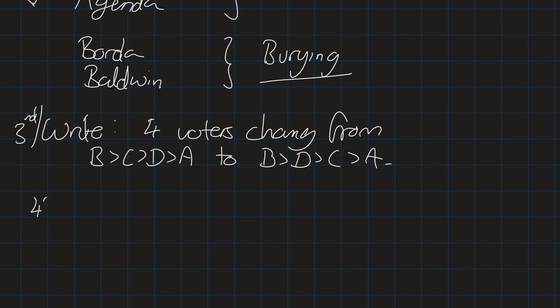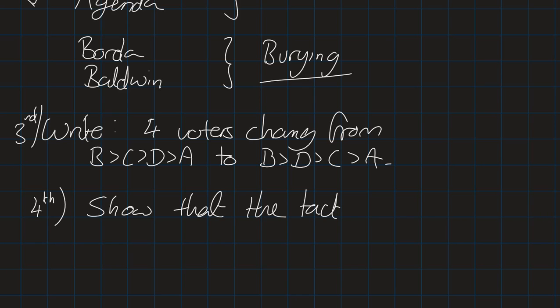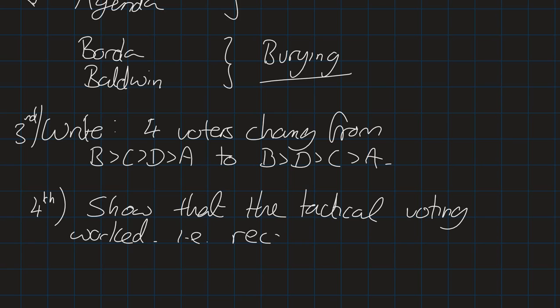And finally, the fourth thing to do is show that your tactical voting has worked, i.e., recalculate the social ranking.